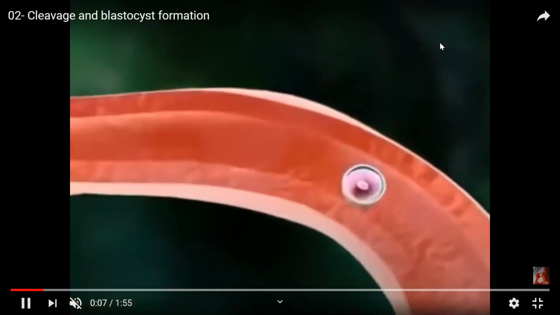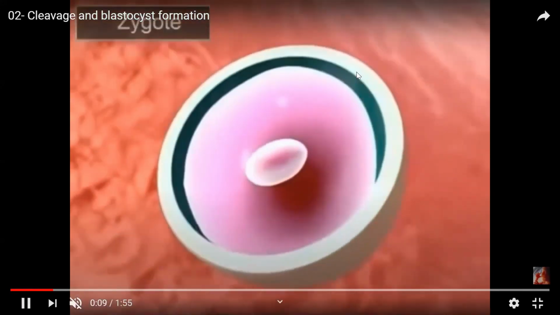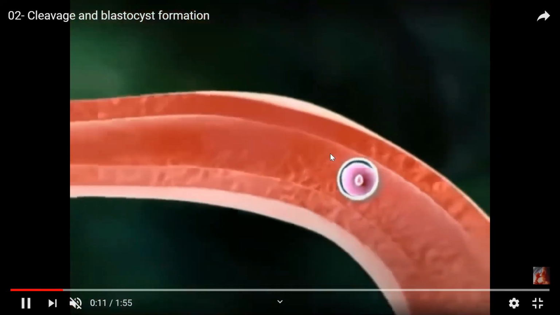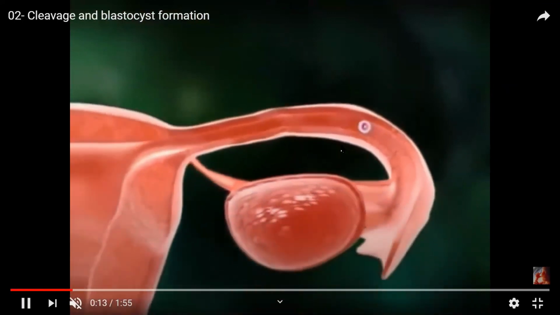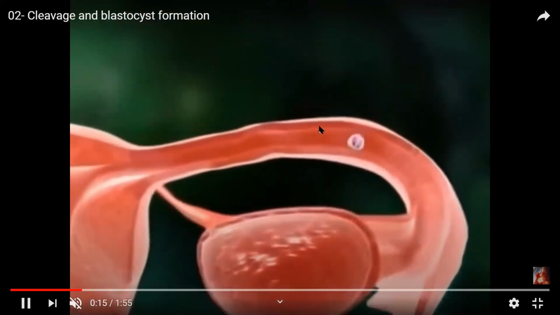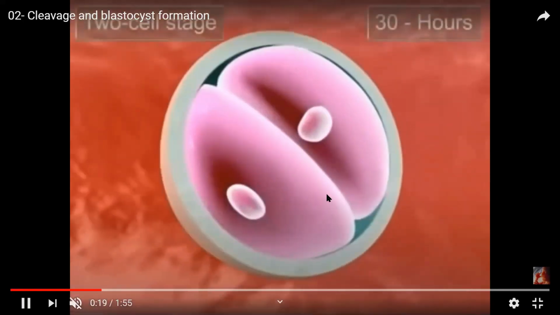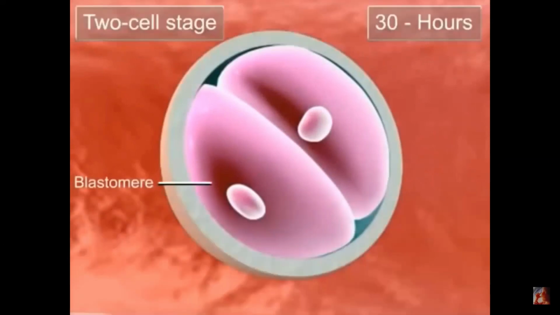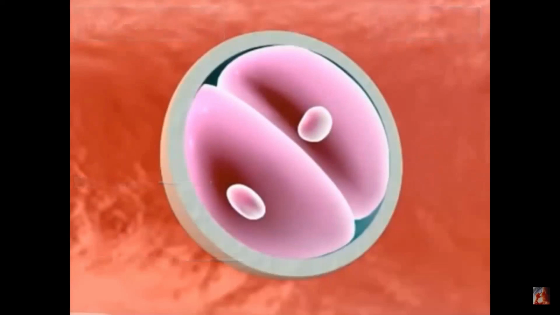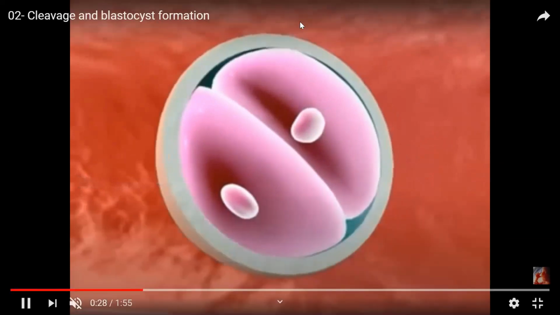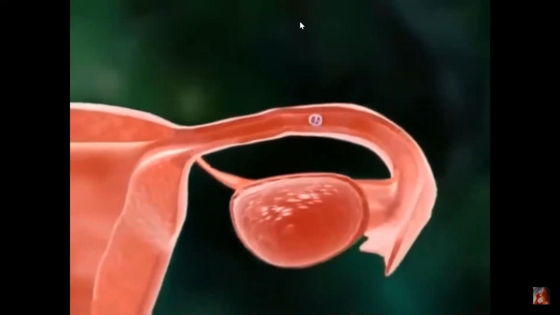I think this will be more clear to you now. This is the single cell structure, the zygote. And as it starts moving in the fallopian tube, it starts dividing. Within 30 hours of fertilization, this forms two blastomeres, and zona pellucida is very much intact.